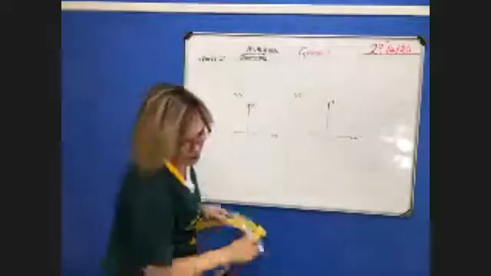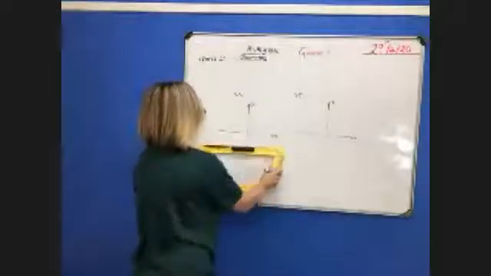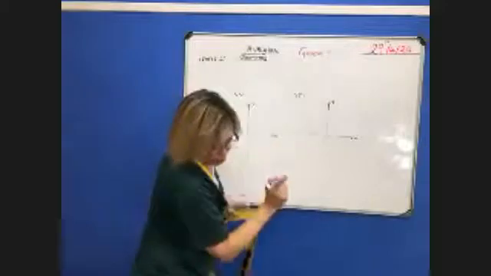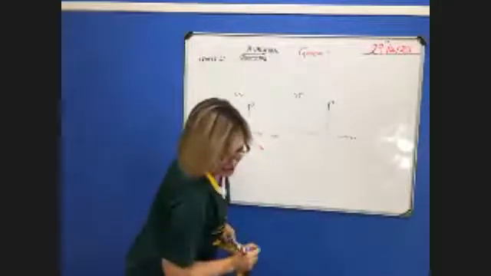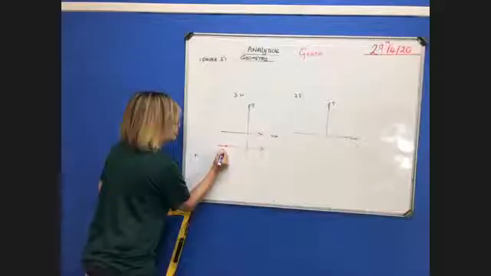3.4, a horizontal line, like so. This is parallel to the x-axis, through -1. Now, if you ever have a straight line parallel to the x-axis, remember the x-axis is y equals 0. The gradient is 0.